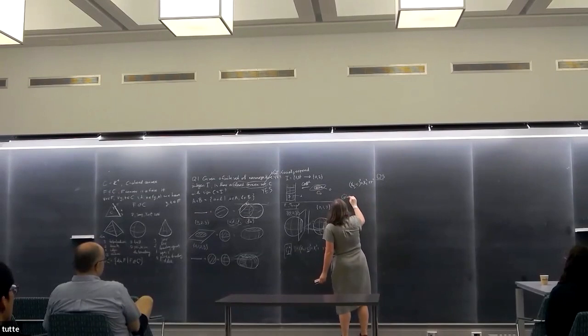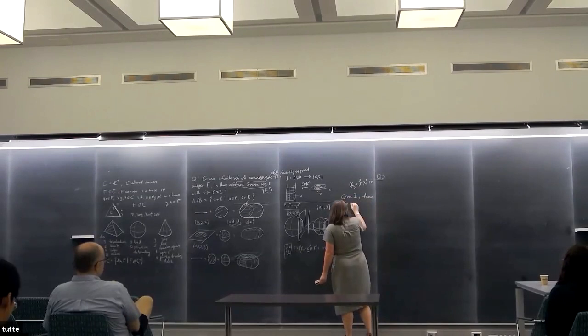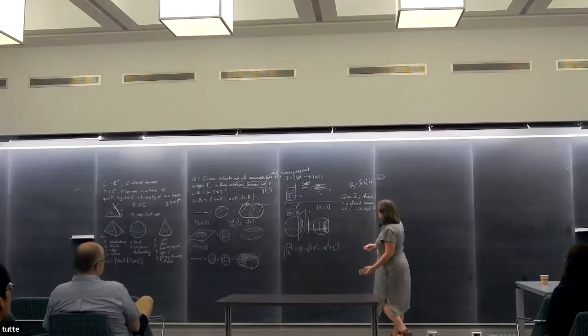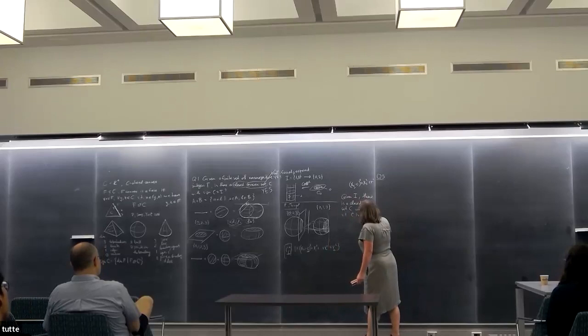So given I, there is a closed convex set with this signature, such that it can be represented by the cardinality of I minus 1 convex quadratic inequalities.